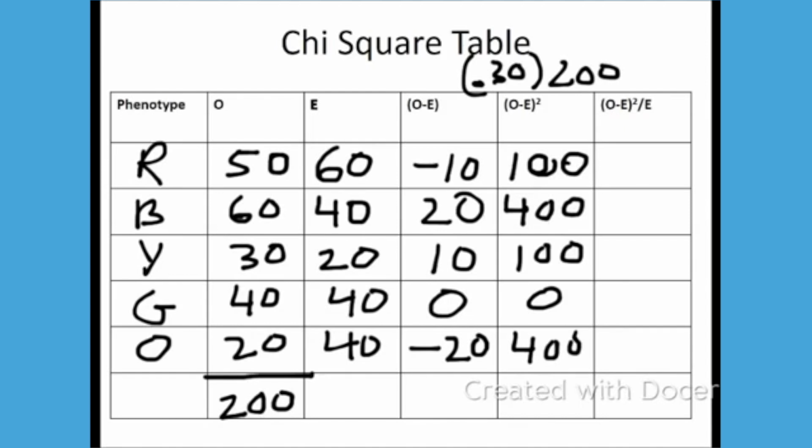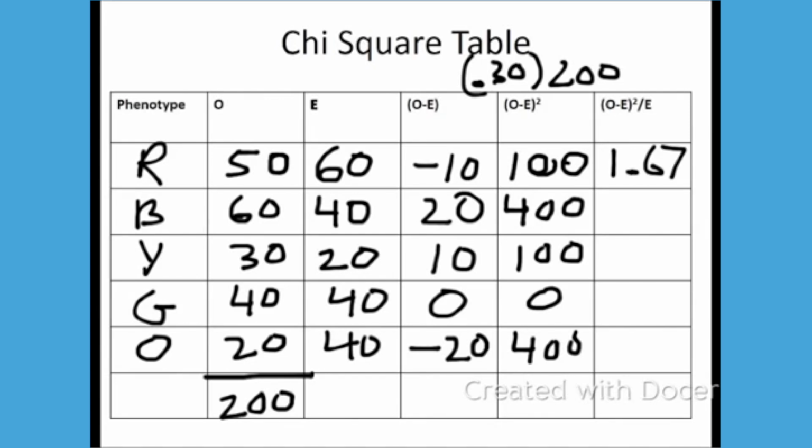Final column is O minus E squared all over E. So for the red row, we're going to take 100, O minus E squared, and divide it by E, 60. Now you could do this in a fraction, but it's probably easier just to go ahead and do 100 divided by 60, and that gives you 1.67.